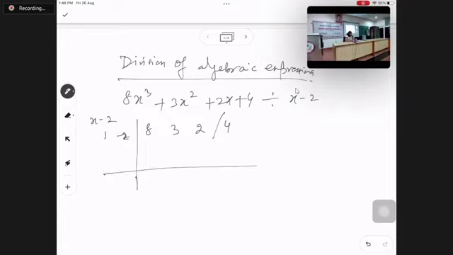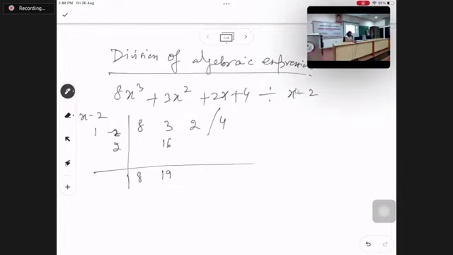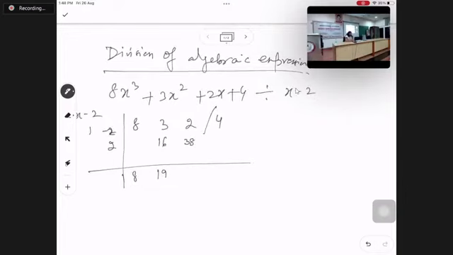Okay. So this is your minus 2. So we put 2. Again, you proceed first number as it is. 8 2s are 16. 16 plus 3, 19. 19 2s are 38. 38 plus 2, 40. 40 2s are 80, and this is 84.